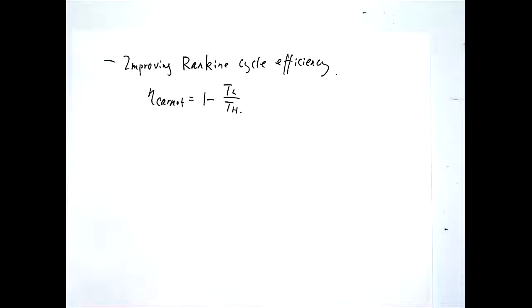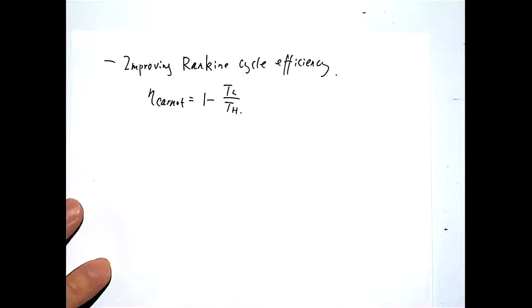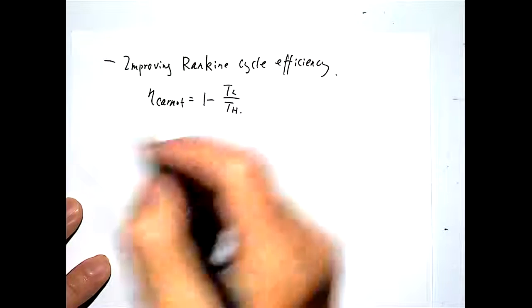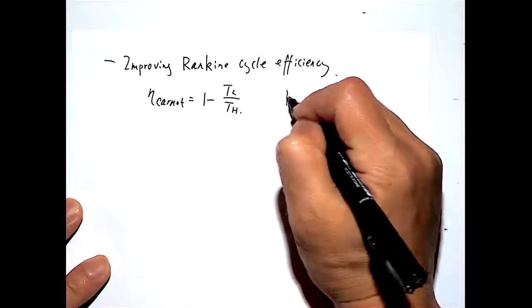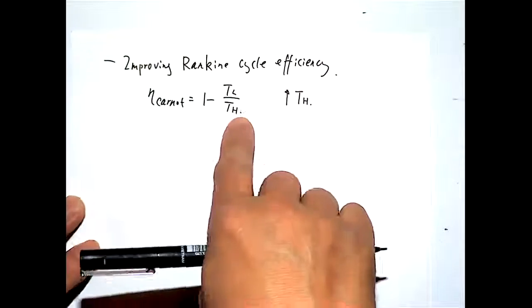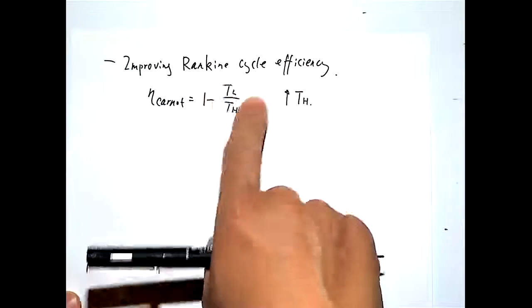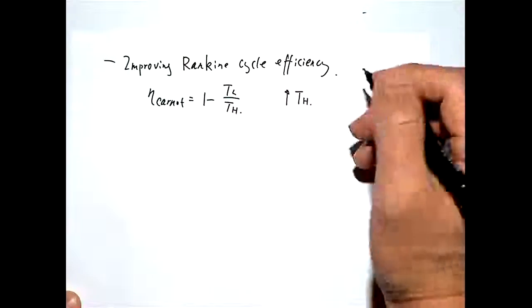So this is saying that, in theory, there are two ways you can improve a heat engine cycle. If you can increase the temperature of the hot temperature reservoir, which means you make this term larger, you will have a higher efficiency.